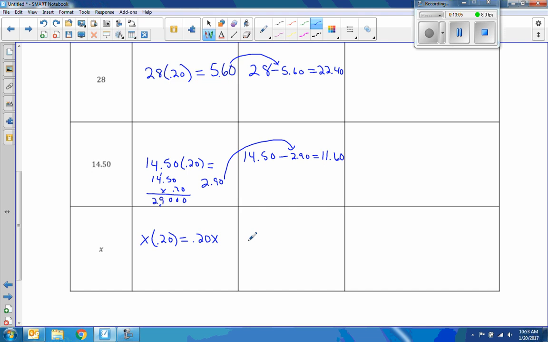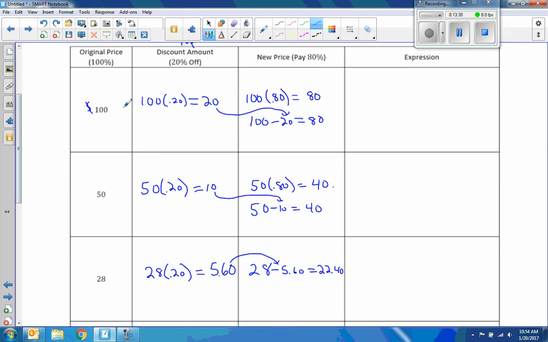And then finally, on the last one, to have a formula, we take the original price minus our discount, 0.20x. That's going to equal 0.80x. Okay?